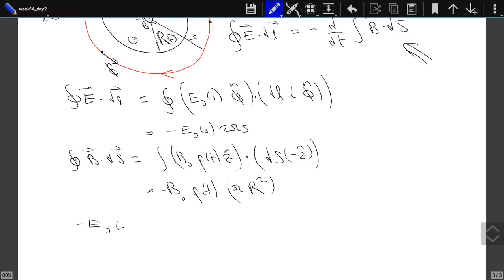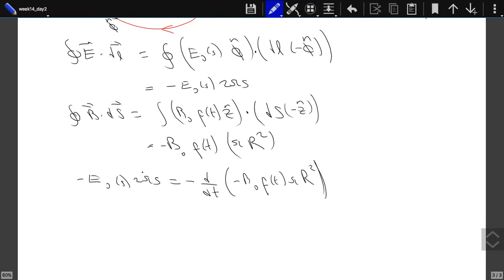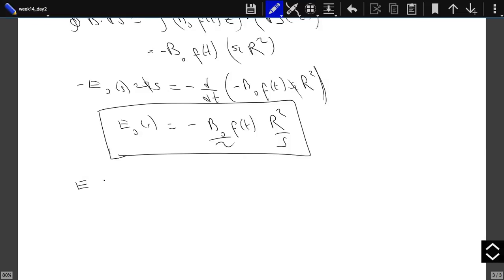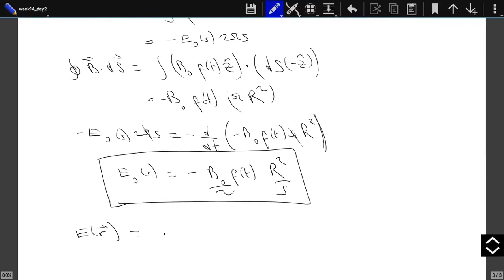Now I have my law, which states that minus E0 of s times 2 pi s should be equal to minus d by dt of minus B0 F of t pi r squared. I can cancel the pi's, and E0 of s is equal to minus B0 F of t over 2, r squared over s. E of r is equal to, well, if you look, we can just combine those two results.